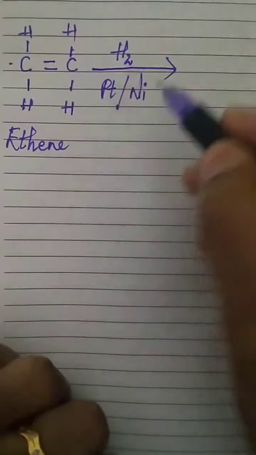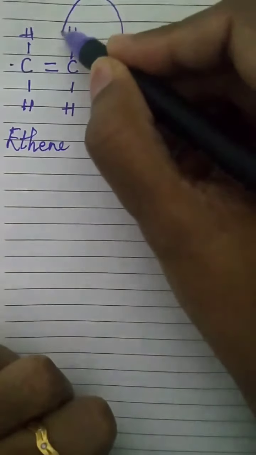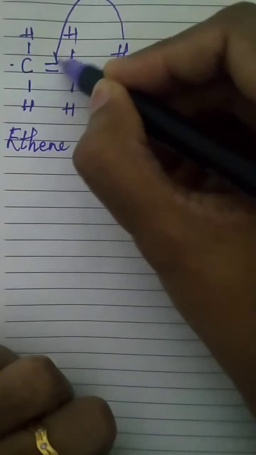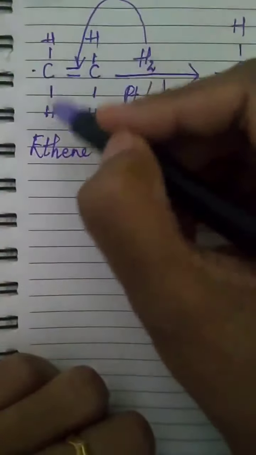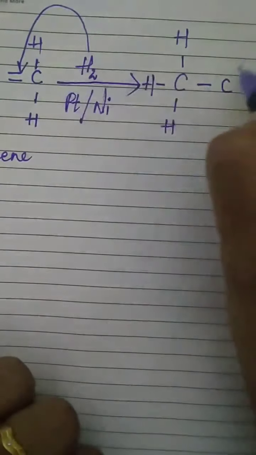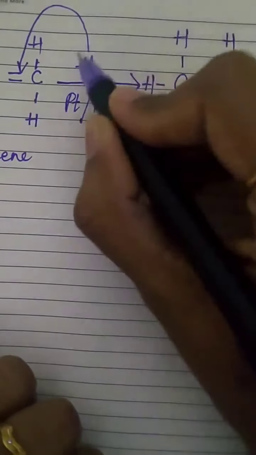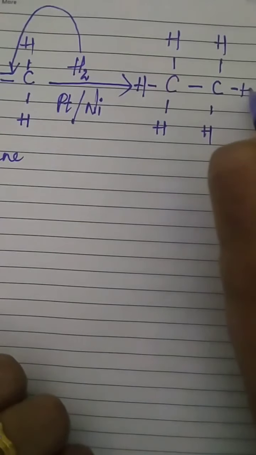How is that possible? What will happen actually is this hydrogen will come and break this bond. The double bond will be broken. Carbon is tetravalent, so 4 is the valency, so we need 3 more. Hydrogen 2 we already had. From here 1 hydrogen will come here. In the same way, here the carbon had 2 hydrogen already, and the second hydrogen will be attached here.